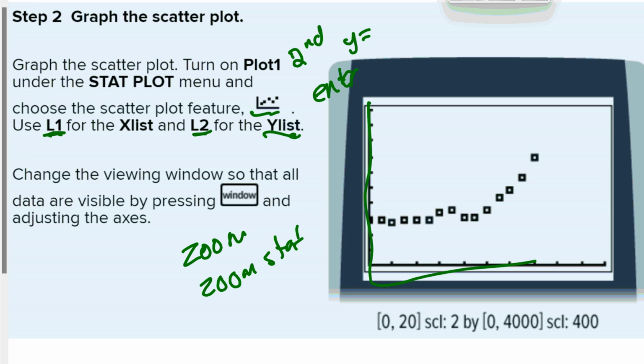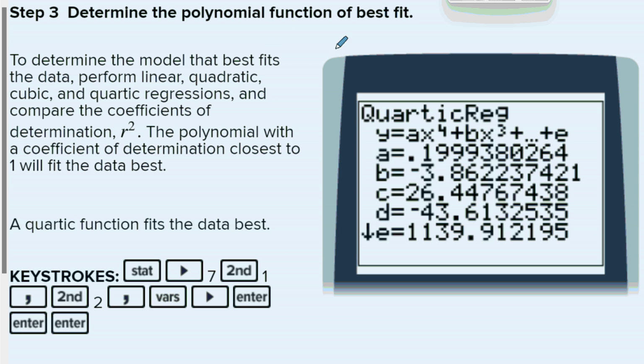Once that's done, you go to step 3, where you determine the polynomial of best fit. It kind of looks like a quadratic there. Here's what we can do: hit stat, arrow over to calculate, and then arrow down to number 7, which is quadratic regression.